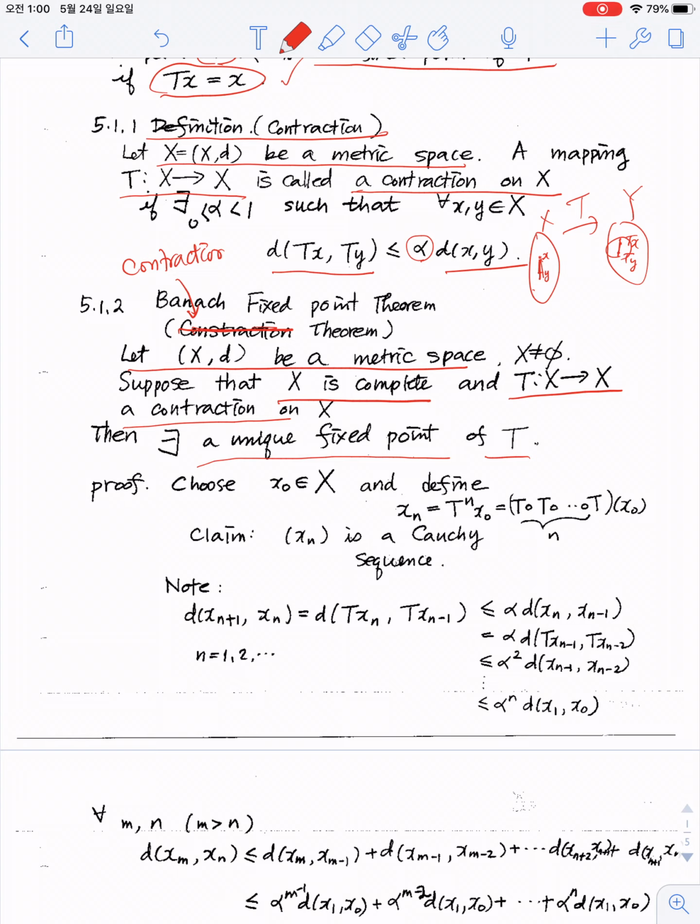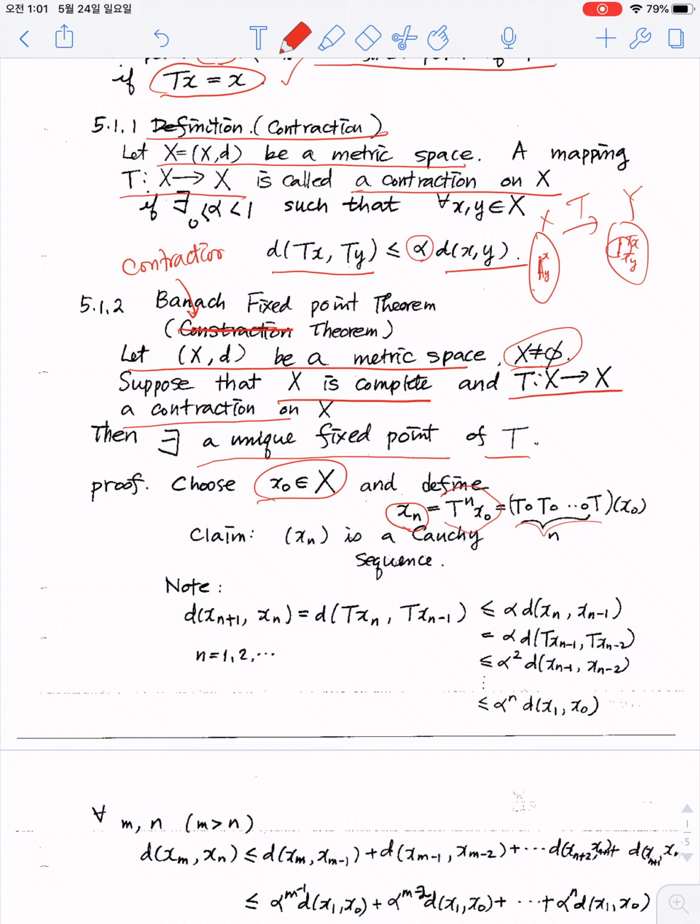Okay. So in order to prove this one, X is a non-empty set, so you choose one element x0 here. And then I can define a sequence xn, composing T n times, so xn equals T to the n of x0.